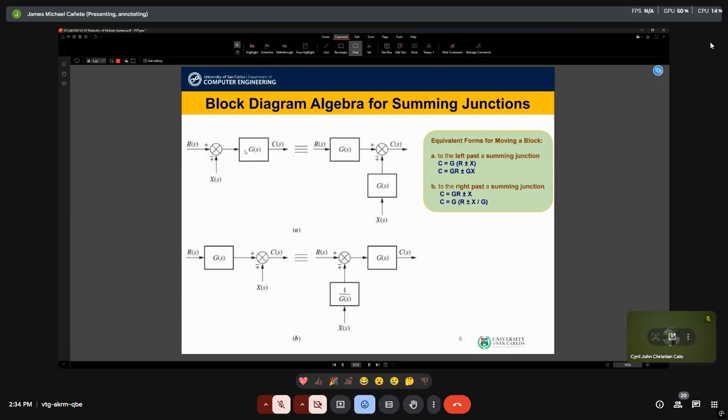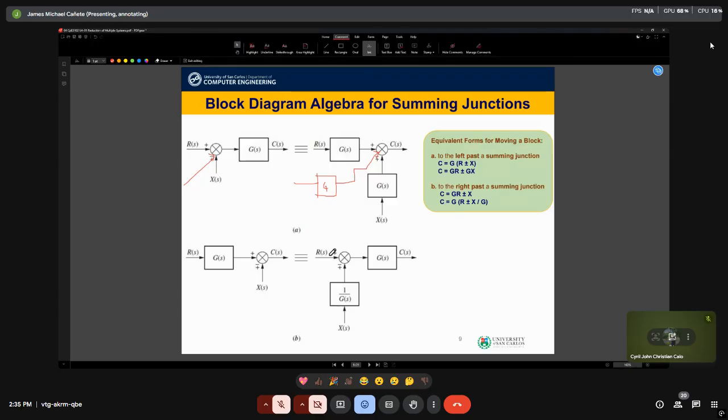The operation when you want to move this to the left side is to copy the block to every input branch, every input signal. So if there is a third branch going in here, you would also have to copy the block on that branch.